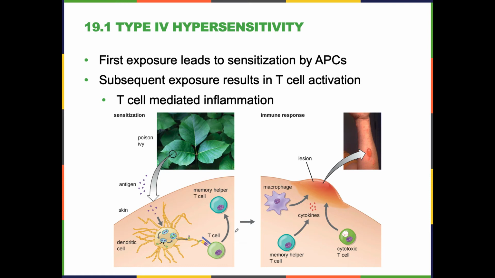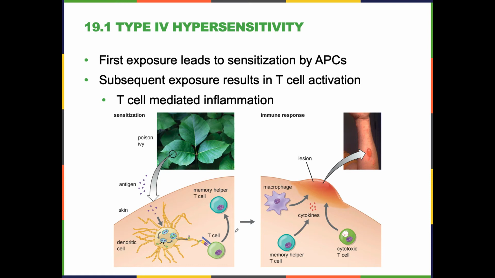But like with everything, sensitization, right? So first exposure leads to sensitization. In this case, it's actually very similar to what happens in a type 1, right? You get exposed to the antigen or the allergen, and then the antigen presenting cell picks it up and presents it, in this case now, to a T cell. The T cell gets activated, proliferates, and then it becomes the memory T cell.